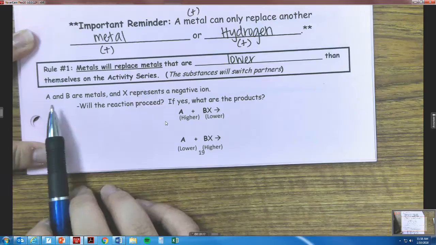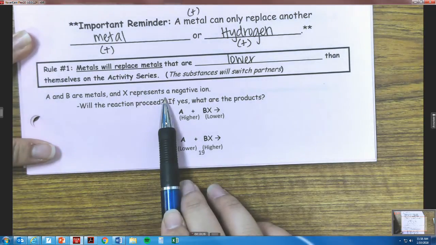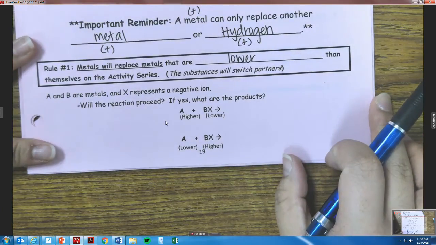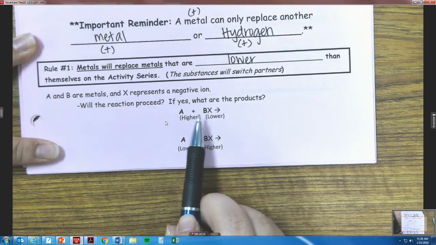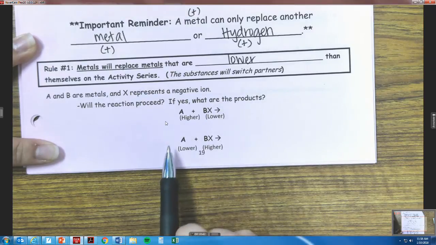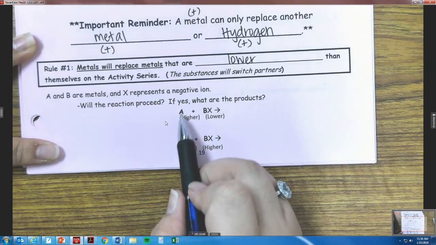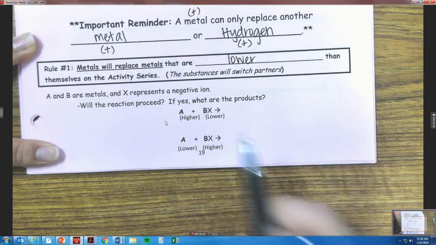Okay, so if A and B are metals and X represents a negative ion, will the reaction proceed? If yes, what are the products? So A is the metal and B is the metal. If A is higher than B, are they going to switch places? The answer is yes, they are going to switch places, because the metal that's by itself has to be higher than the metal in the compound.